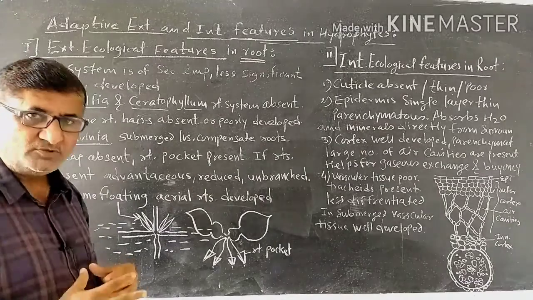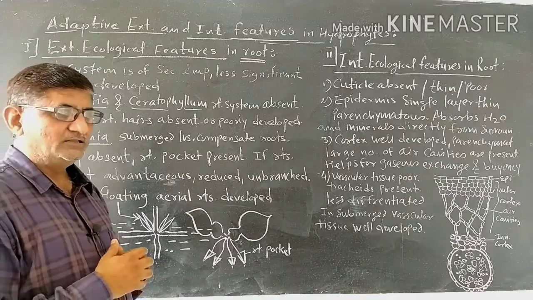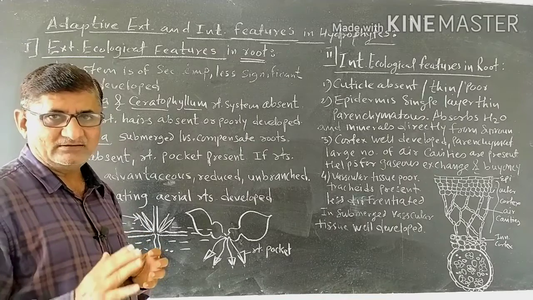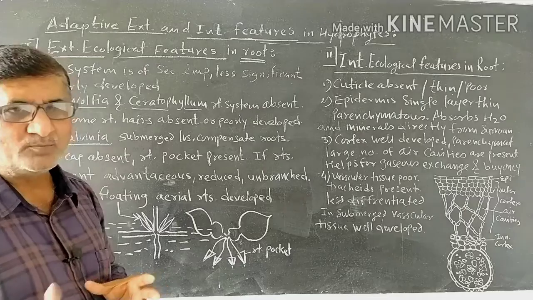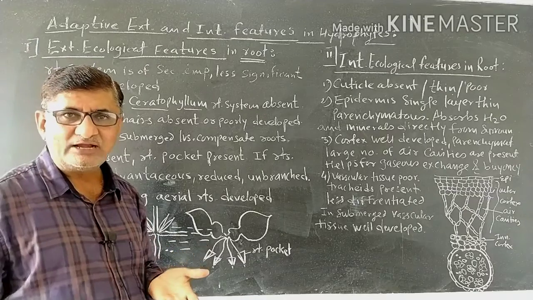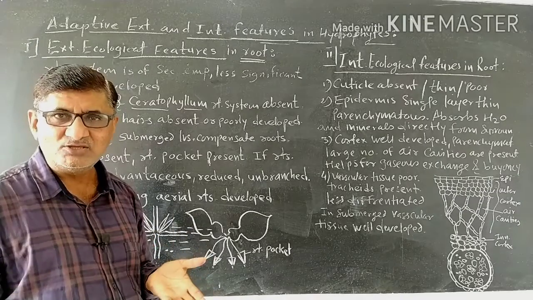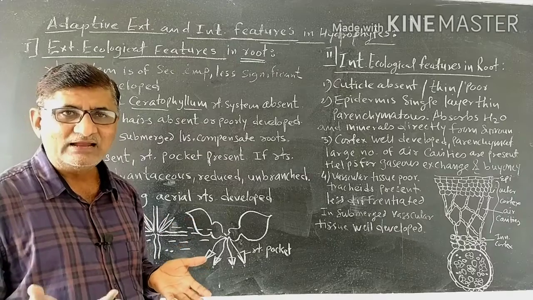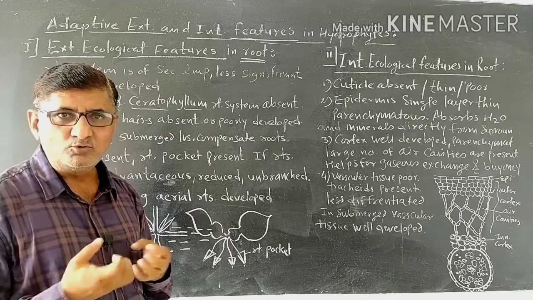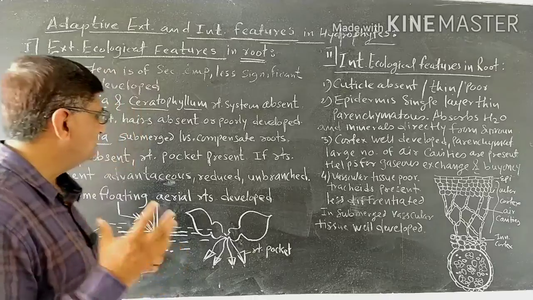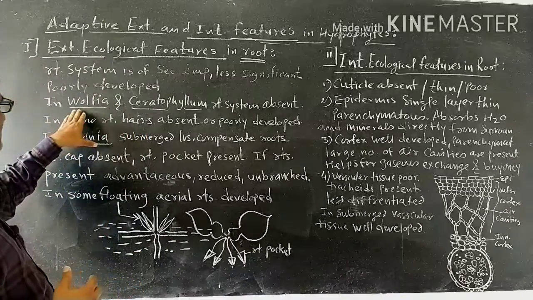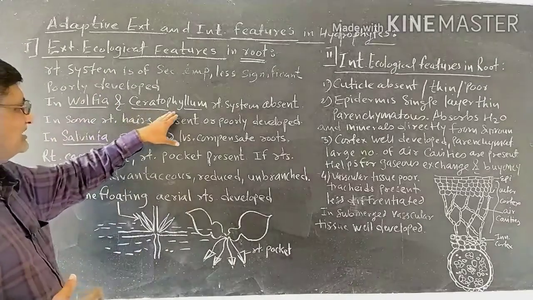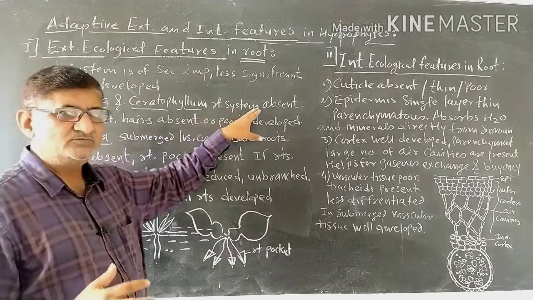Also in some hydrophytes the roots are totally absent, because hydrophytes themselves live in or inside the water and don't need to absorb water. That is why in some hydrophytes like Wolffia and Ceratophyllum the root system is absent.